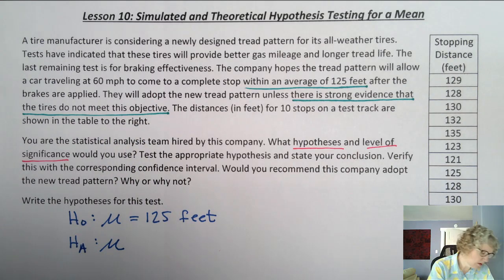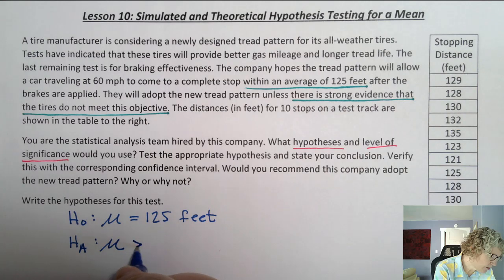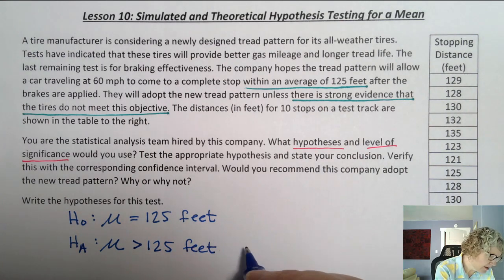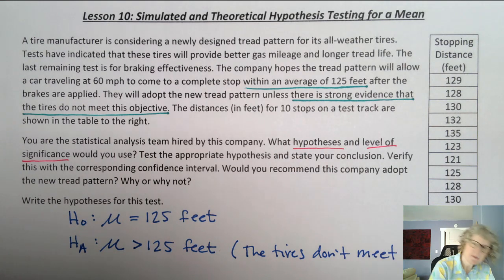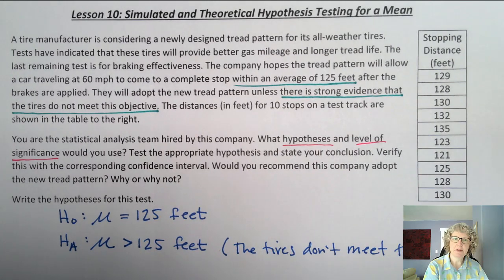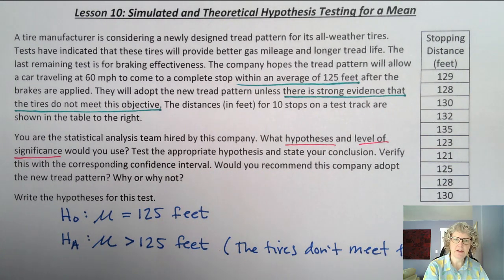So I'm going to use mu greater than 125 feet. Essentially I'm saying the alternate is the tires don't meet the objective. That's a different test than if we were testing for strong evidence that they do, right? Then that would be less than 125 feet.